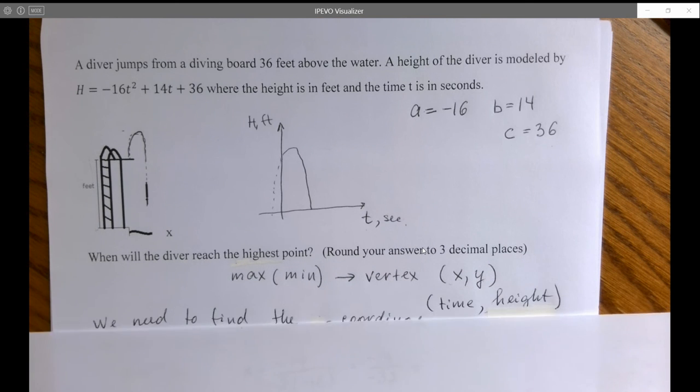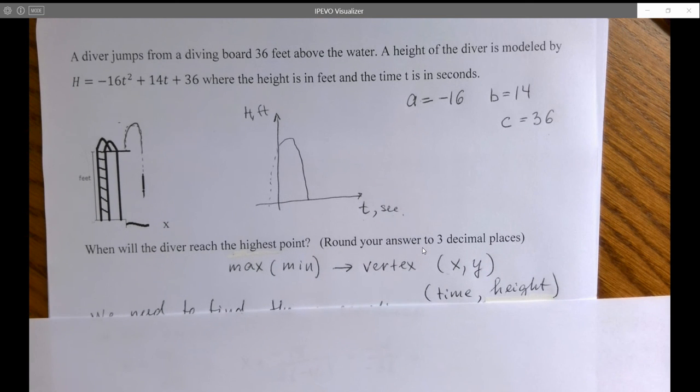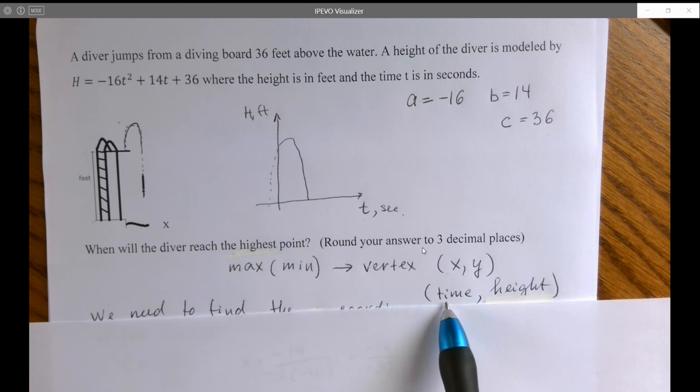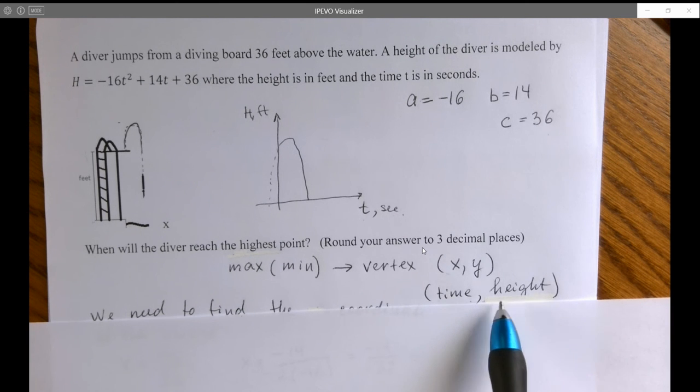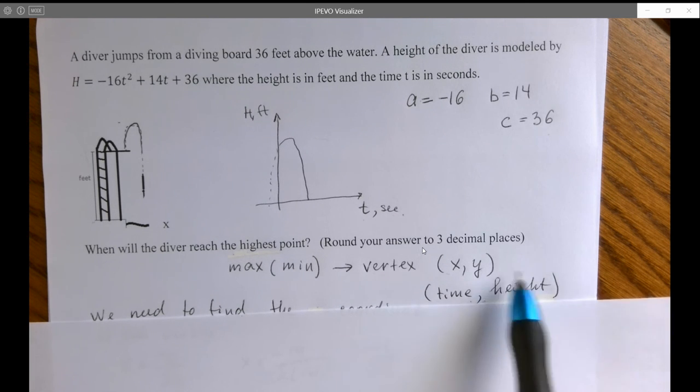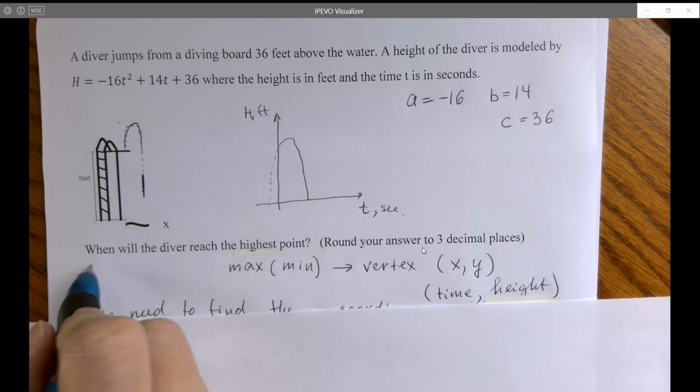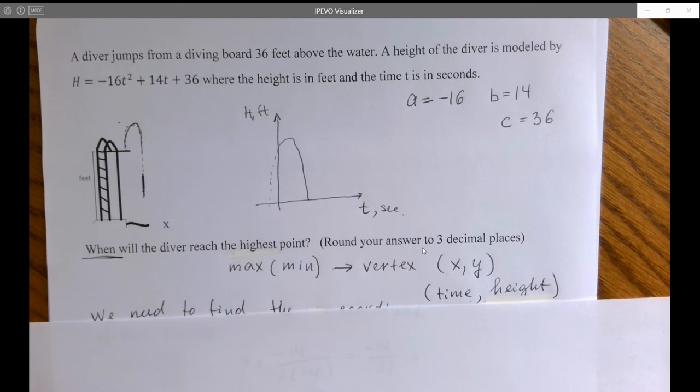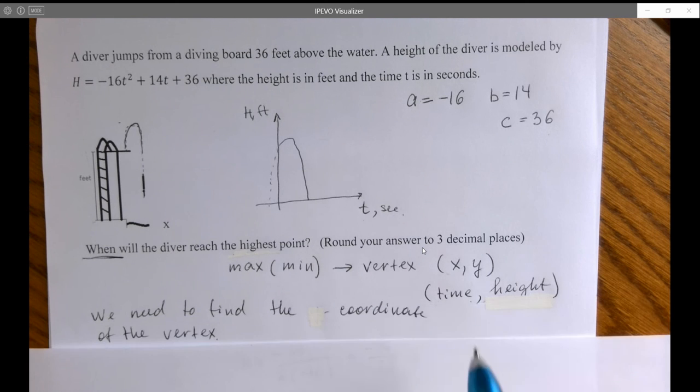The vertex in this particular problem is time instead of x, and height is instead of y. Now you read when. When, it means you need to find time.